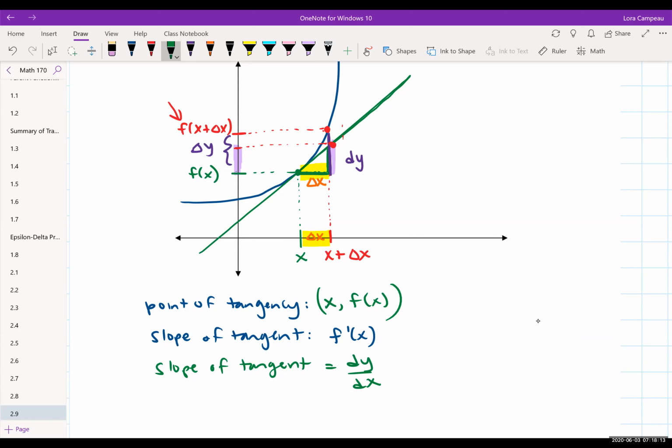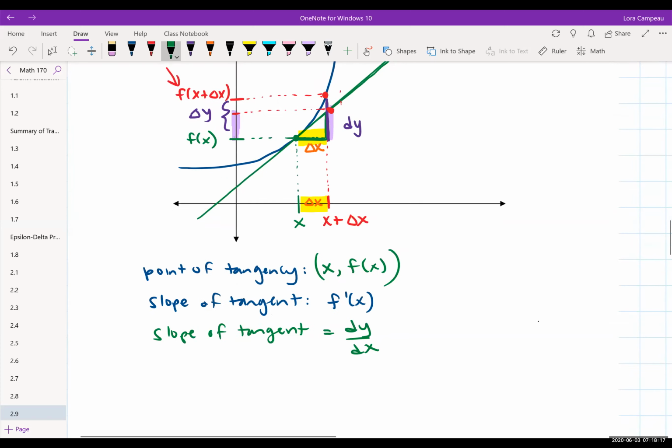And in our picture, what they are trying to say, one more time, is that our delta x part is actually equal to our dx part in the picture.